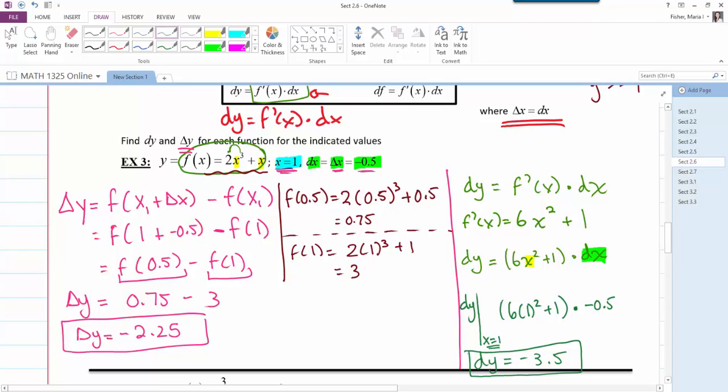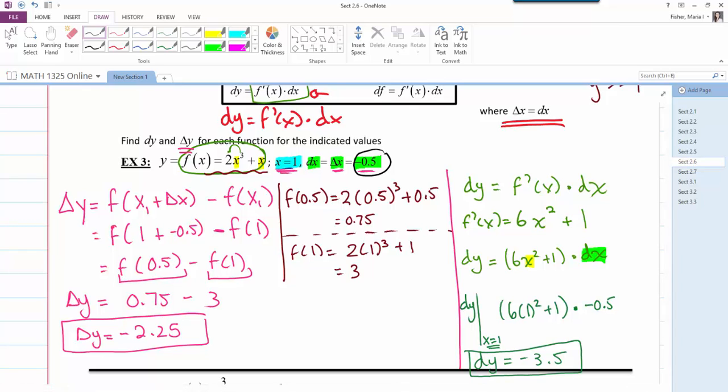The actual change in y is negative 2.25. And those two are not at all really close to each other. Now, why is it that they're not that close to each other? Well, if you're moving a half unit away from something, in terms of mathematics or engineering or anything like that, that's a pretty big movement, a significant change, right?